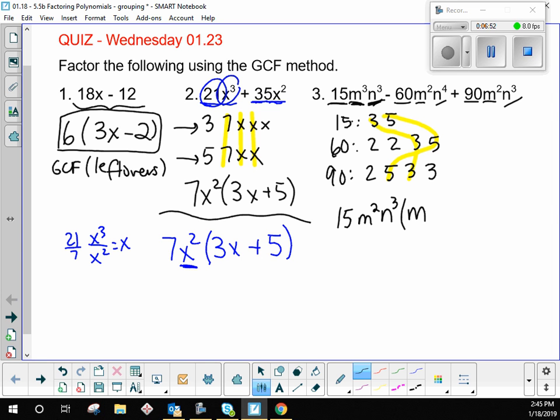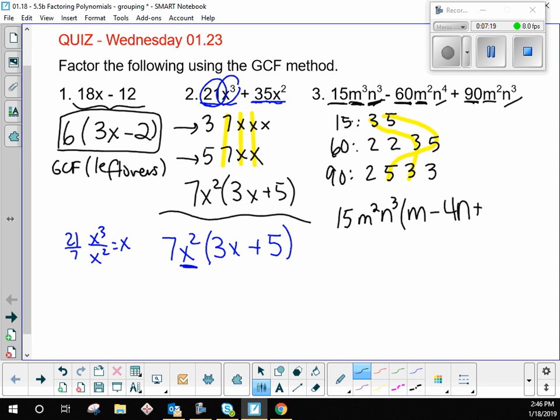And then minus comes from the problem. 60 dividing out 15 gives me 4. M squared dividing out m squared, no m's left. N to the 4 dividing out 3 n's leaves me 1. And then plus comes from the problem.